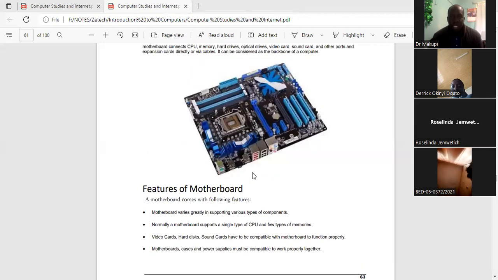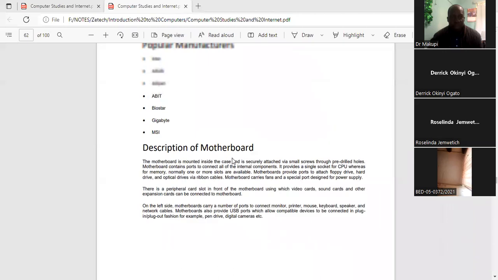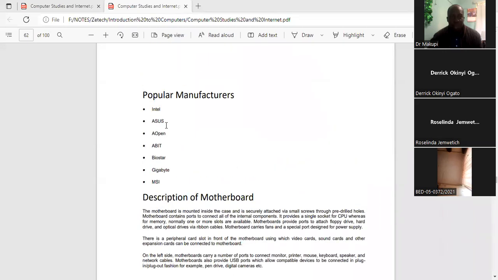Most importantly, also understand that motherboards come from different manufacturers. Motherboards coming from manufacturers need to be compliant with components, so that you realize that a motherboard, for example, from IBM might not be exactly fitting with components from ASUS. We have a number of manufacturers here: Intel, ASUS, AOPEN, Abit, BioStar, MSI, and Gigabyte.